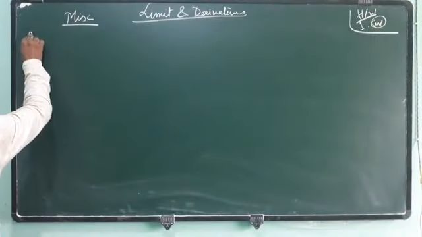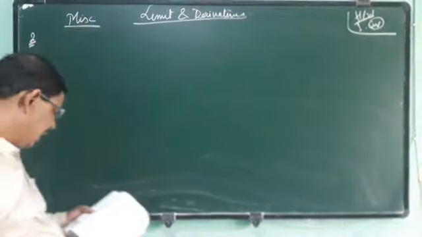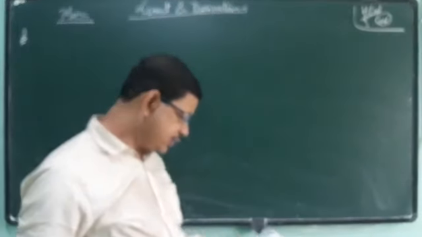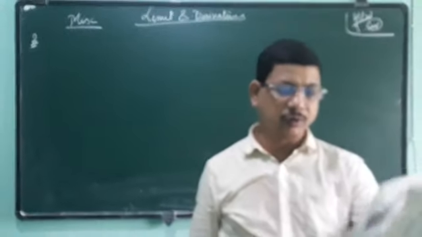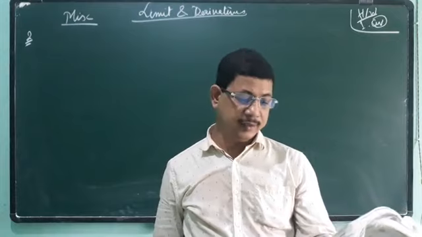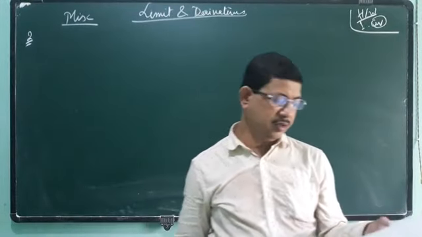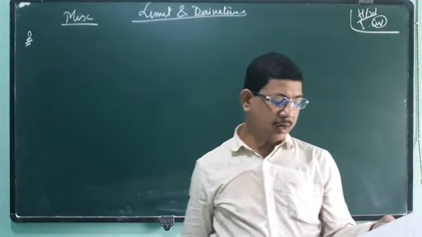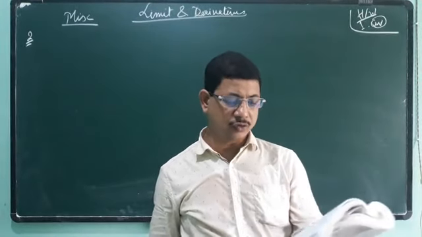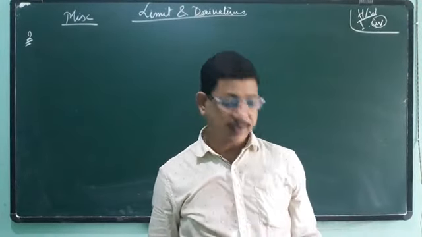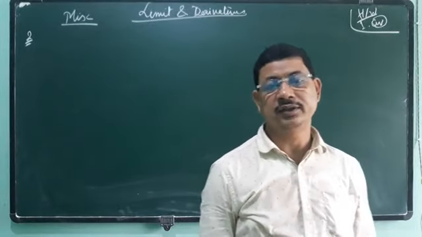Question number 2: x plus a. They say find the derivative of the following function. It is understood that a, b, c, d, p, q, r and s are fixed non-zero constants and m and r are integers.